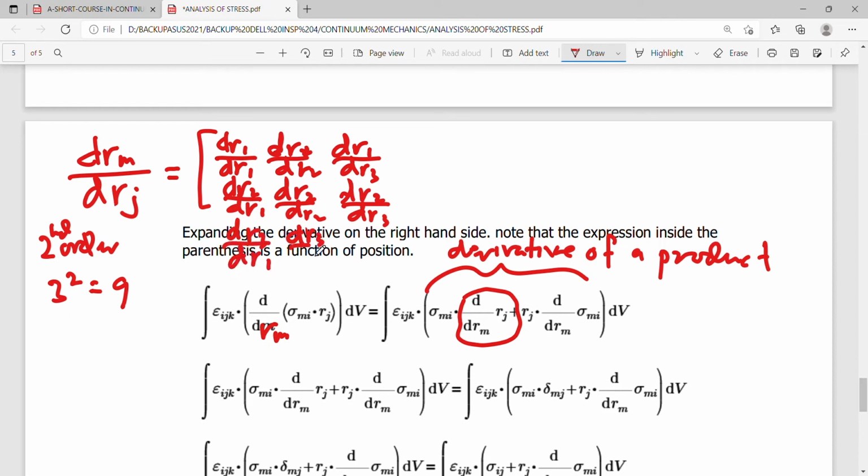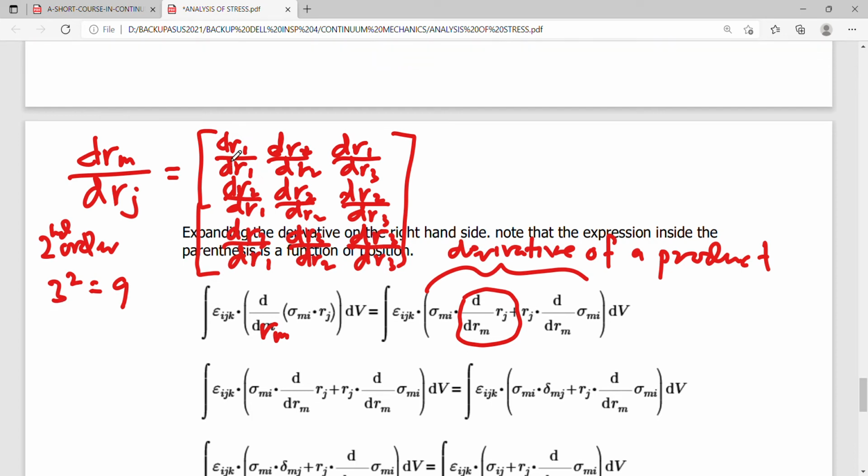Derivative of r3 with respect to r2. And the derivative of r3 with respect to r3. So I have now here a 9 component tensor, or simply a second order tensor in the range of 3 as far as the spatial dimension is concerned.